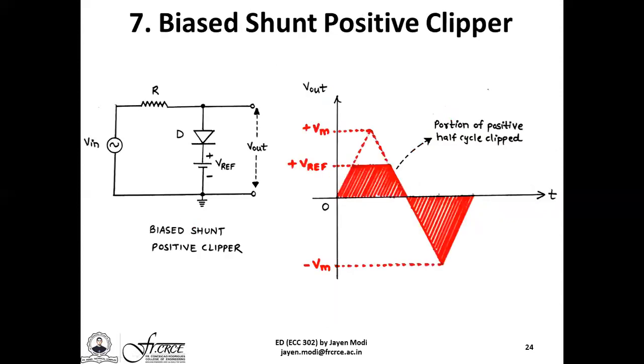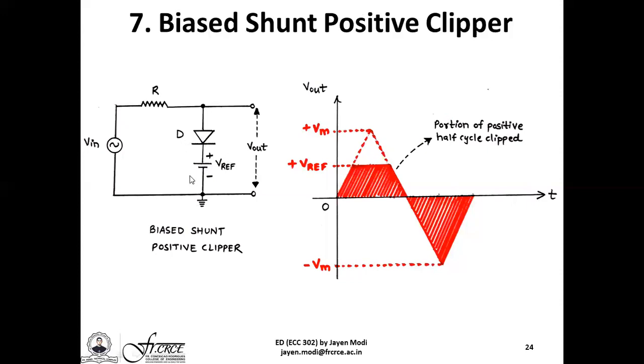Following up with a biased shunt positive clipper, here you have a DC reference voltage plus Vref connected exactly in series with the diode. Once again, it does not make any difference whether the DC reference voltage is connected either below the diode or above it. Both these circuit elements are perfectly in series.